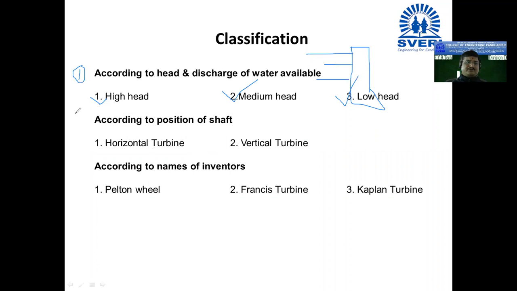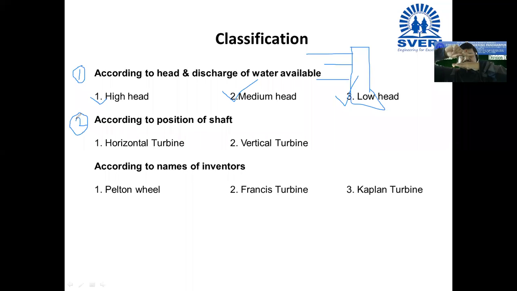Second thing, according to position of the shaft. Now the shaft of this turbine, if my palm is the land, can you see my hand? Yes, sir. If the shaft is in this way, parallel to the land, then what do we call it?